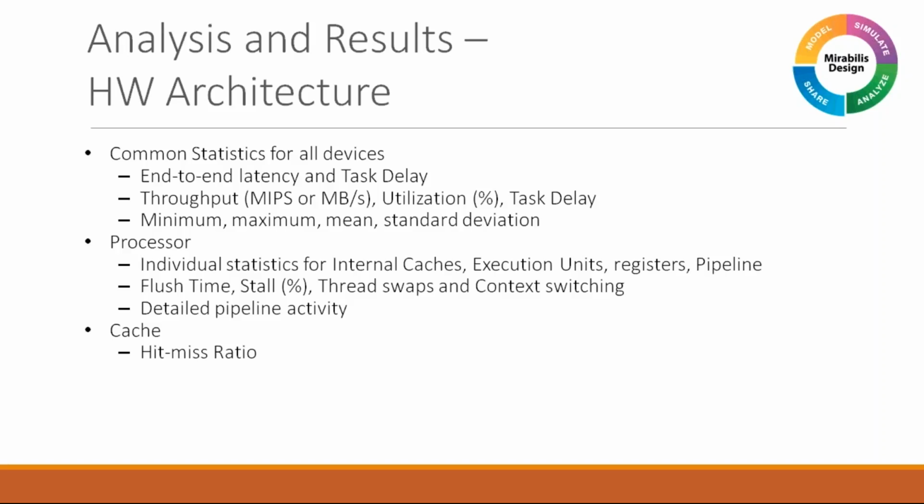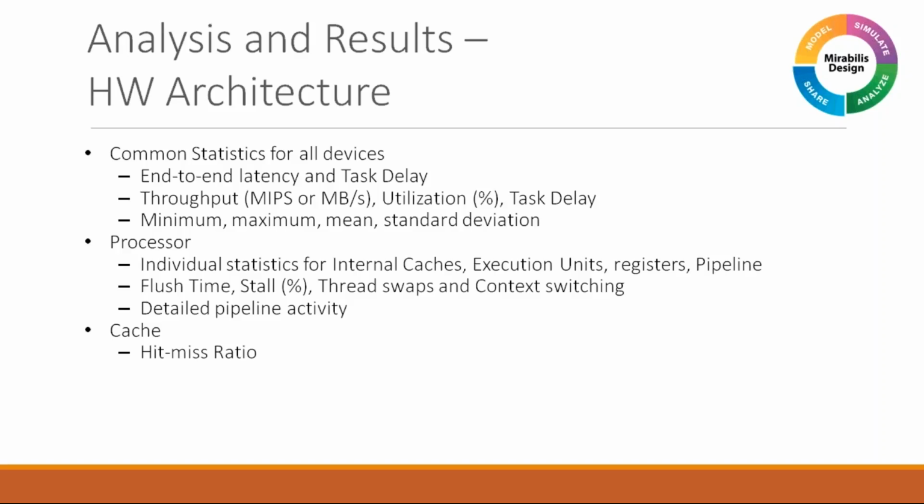And all these values will be provided in minimum, maximum, and mean. So that provides you a greater picture about the changes that are happening in the reports that are being generated as well.